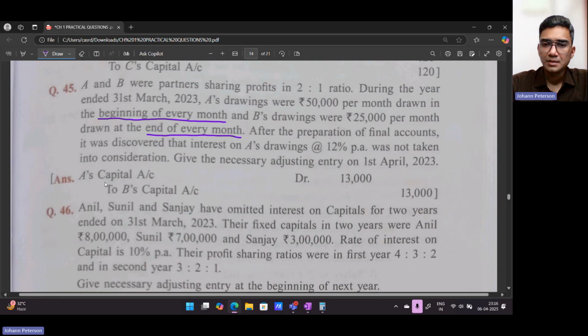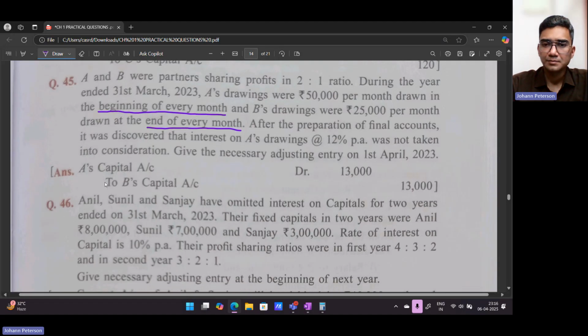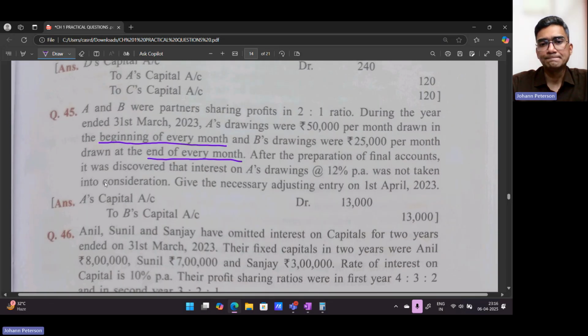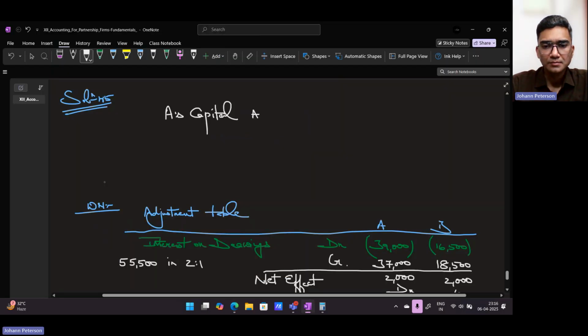Give the necessary adjustment entry on 1st April. Okay, so we are saying, let me just see 1 second.